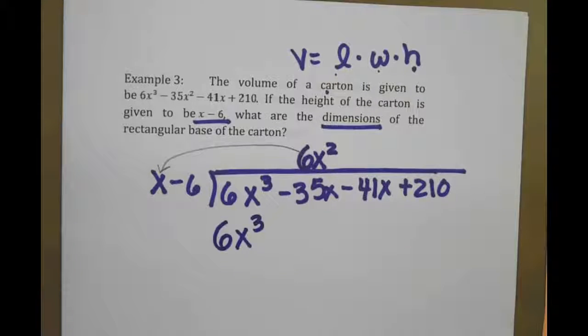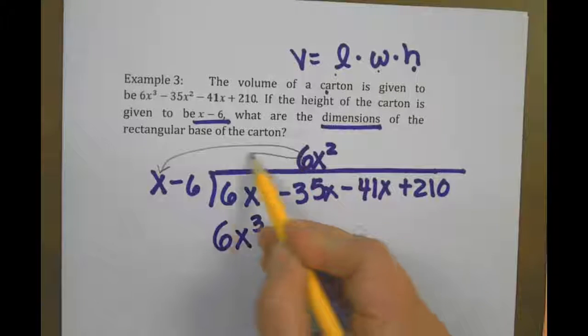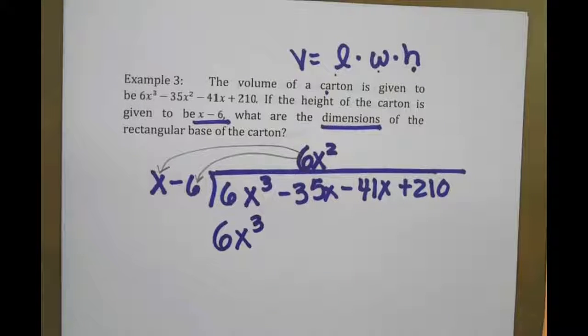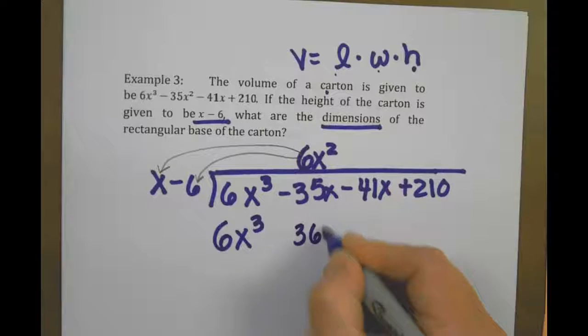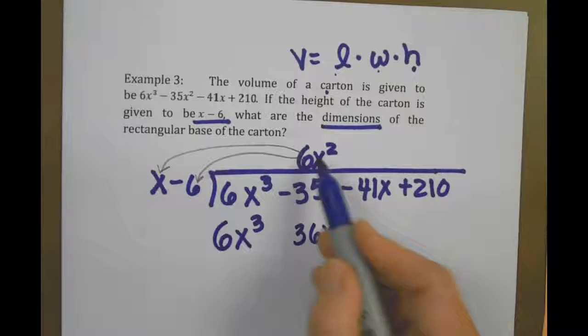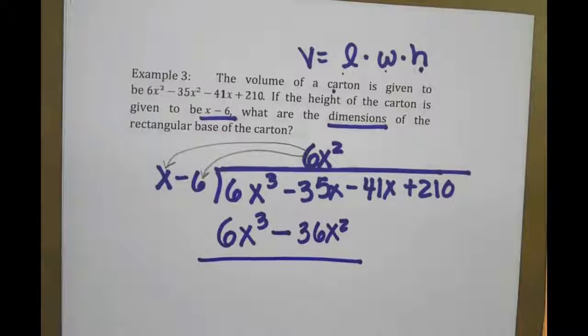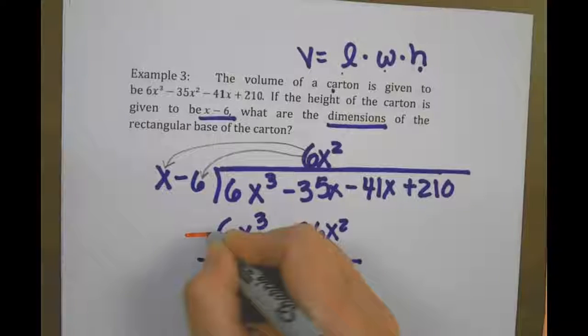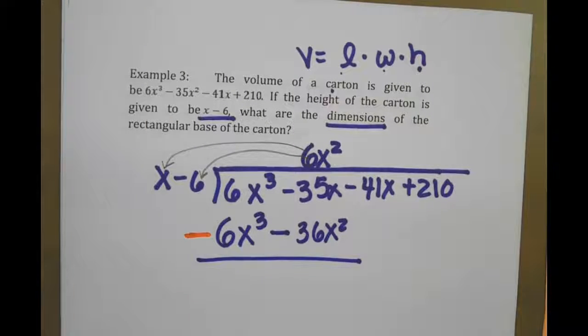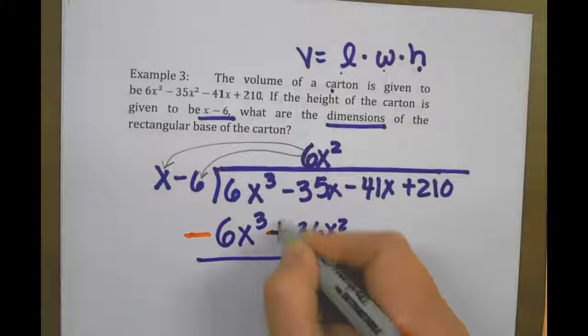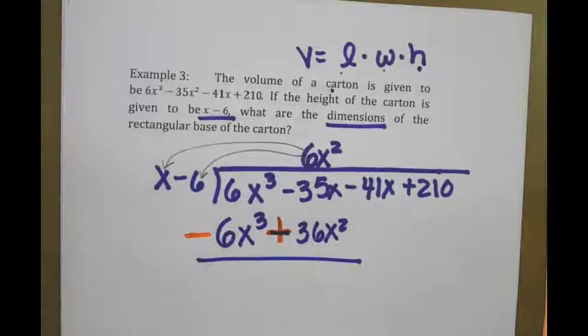You also must multiply this 6 times that term also. What is 6 times 6? And it has an x squared, and positive times negative makes this a negative. And then, just like in whole number division, you have to subtract. To subtract a negative, you have to minus a minus, and that would make a plus.